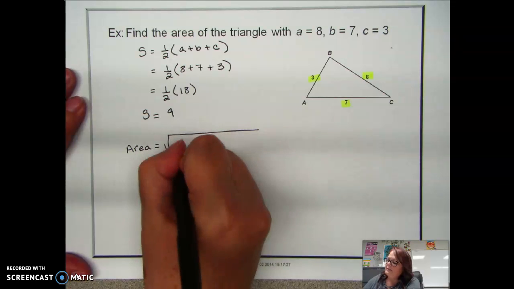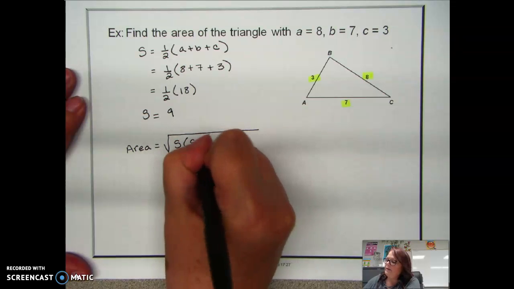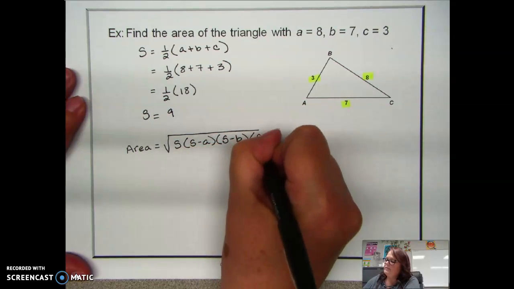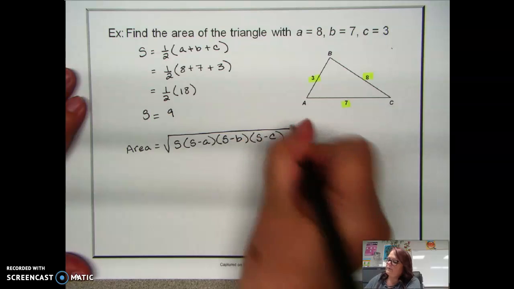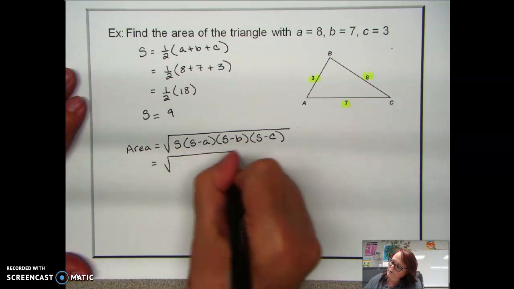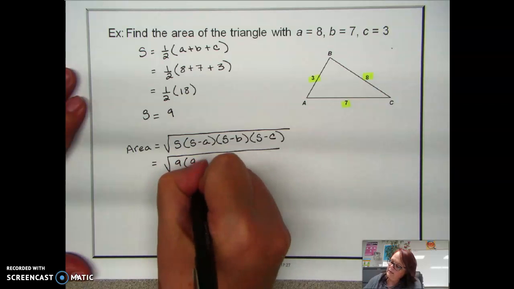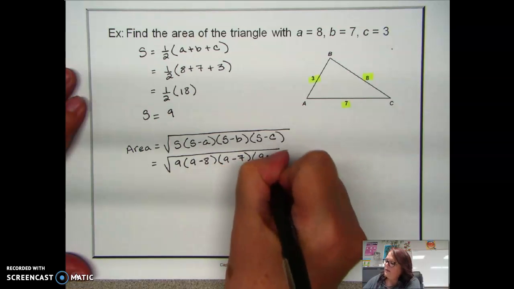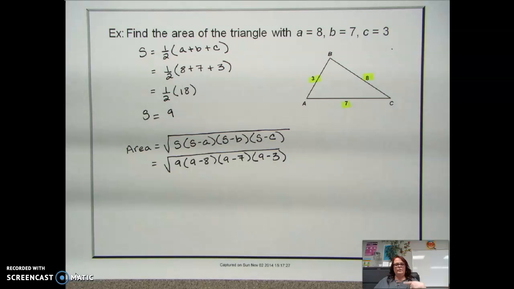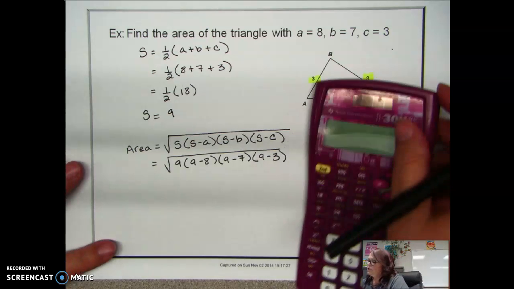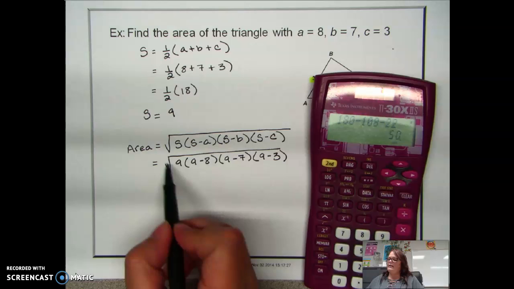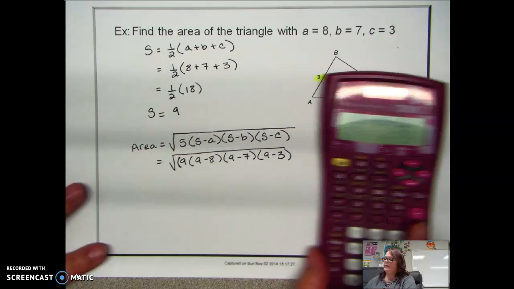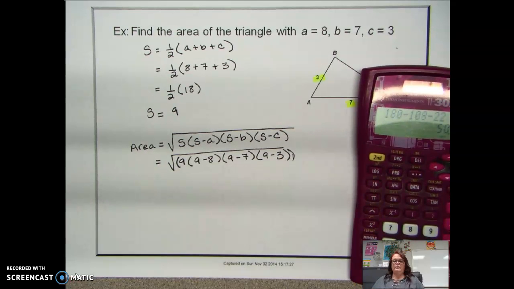That's going to be the square root of the semi-perimeter times the semi-perimeter minus A times the semi-perimeter minus B times the semi-perimeter minus C. So we get the square root of 9 times 9 minus 8 times 9 minus 7 times 9 minus 3, just substituting the semi-perimeter, A, B, and C. In my calculator, when I do the square root, it gives me this parenthesis here, and I can even put a little extra one to make sure I close that off.